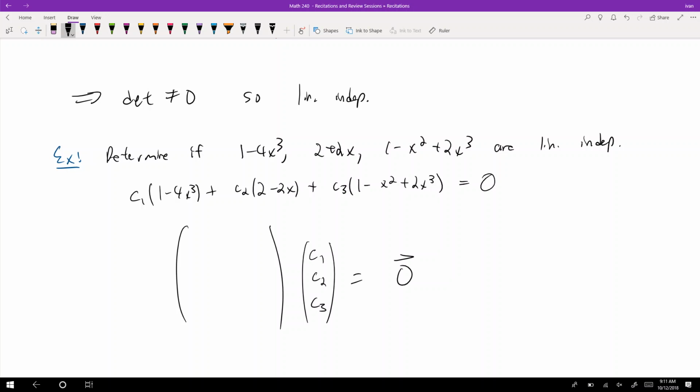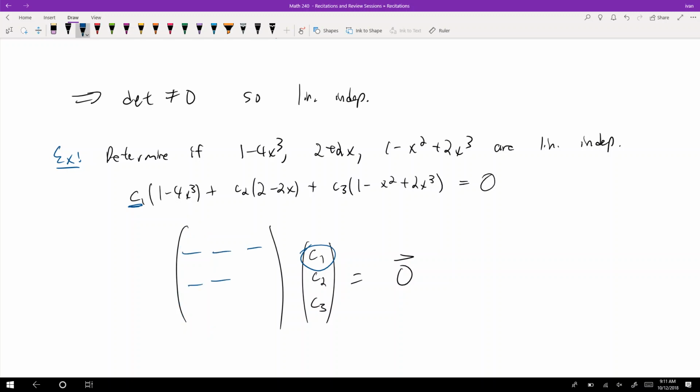Okay, and then we realize that C1 multiplies 1 minus 4x cubed. So in terms of this matrix, C1 will only ever multiply the first column. So just do the matrix multiplication out.